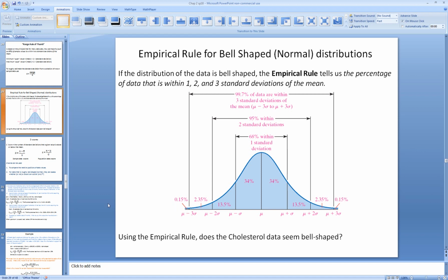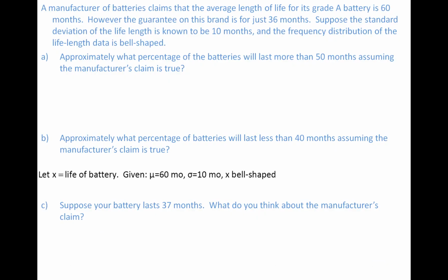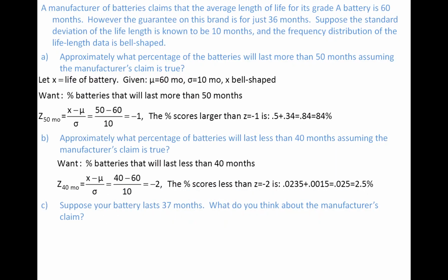So you would have to add those up to answer the question. So where are we? So 0.025, so that's 0.025 or 2.5%. About 2.5% of the data is less than 2 standard deviations away from the mean. So about 2.5% of the batteries will last less than 40 months.